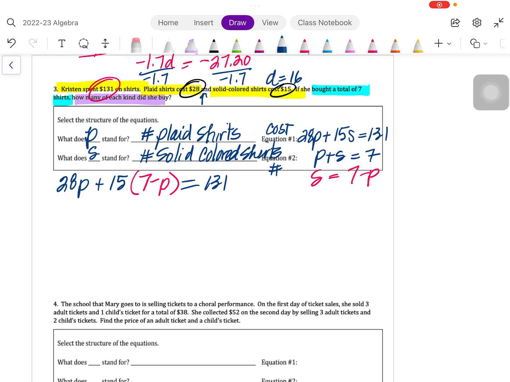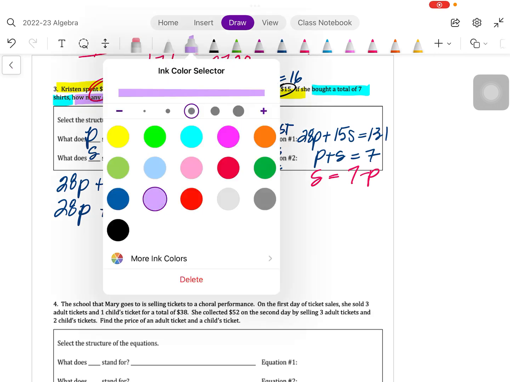Okay, so again, grab your calculator. We are distributing here to simplify our equation. So 28P, and we're doing 15 times 7, which is 105, and then 15 times P is 15P. Okay, next step is to combine our like terms.